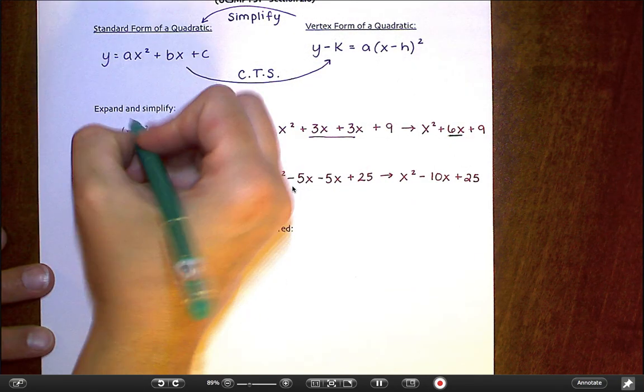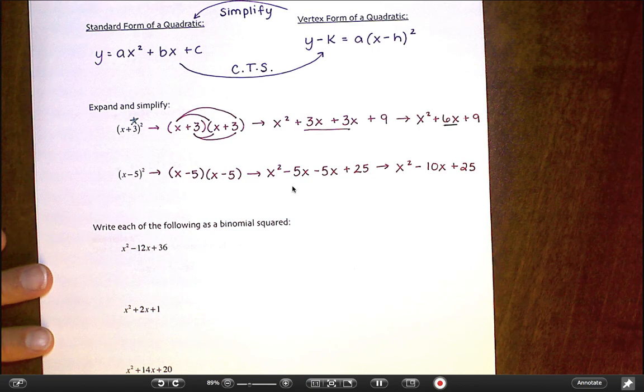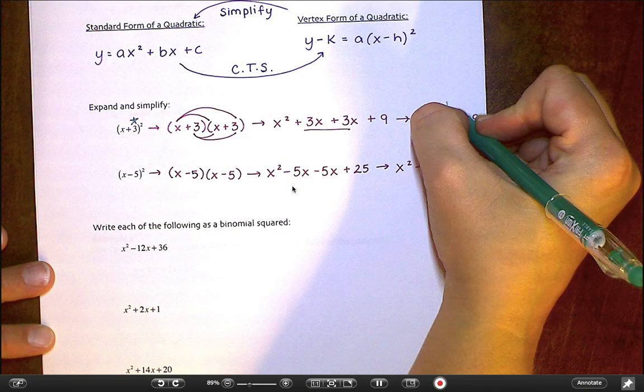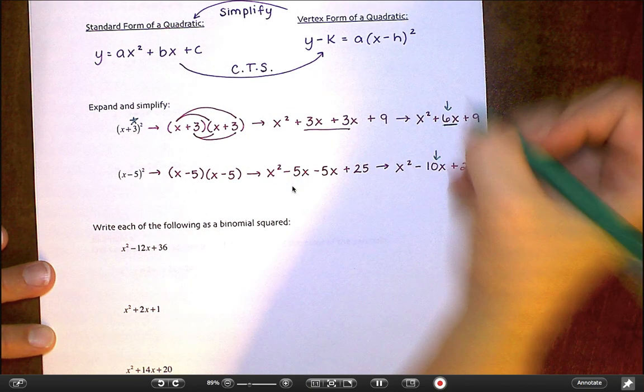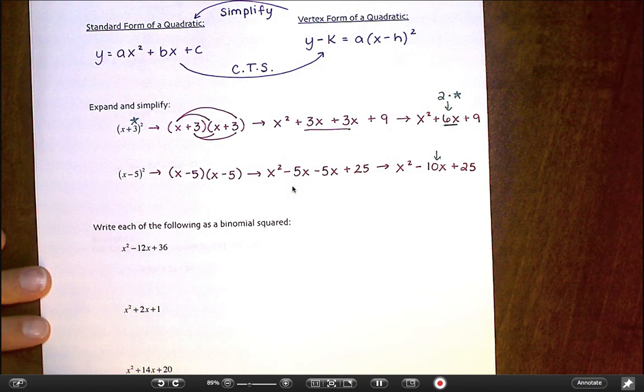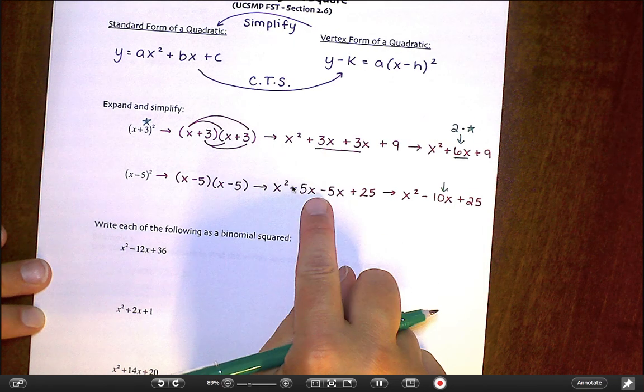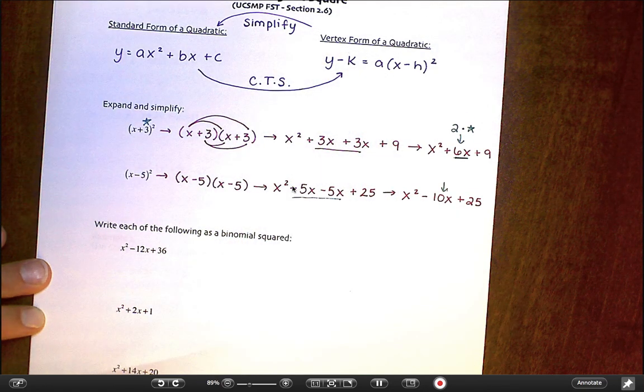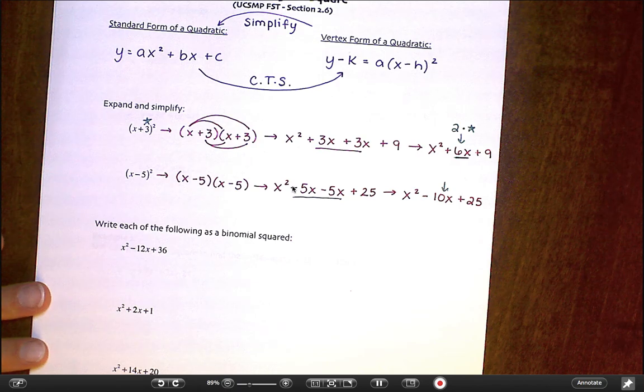But if I just call this number my star number, I know that this middle term here is always going to be 2 times that star number. It's always going to be double. And that comes from the fact that I end up with 2 of those terms when I do FOIL, right? It ends up there twice.